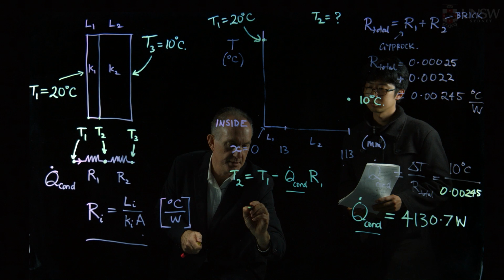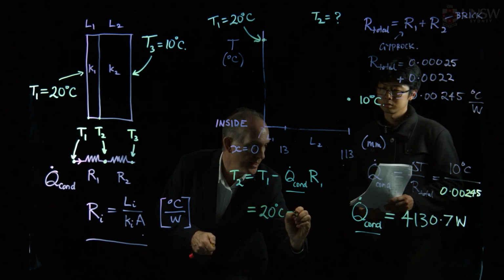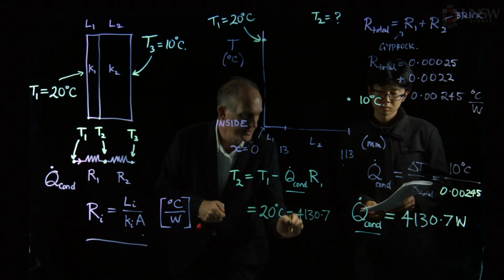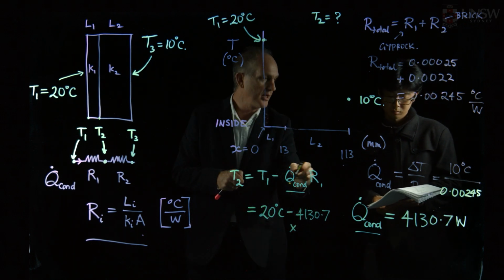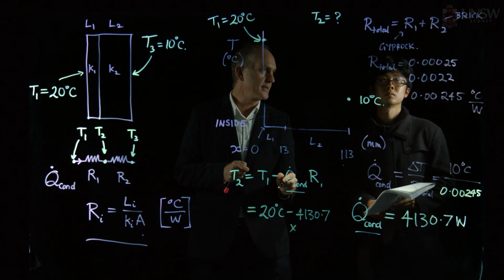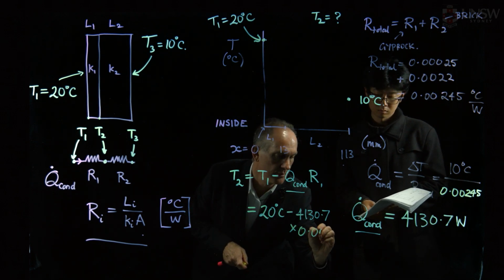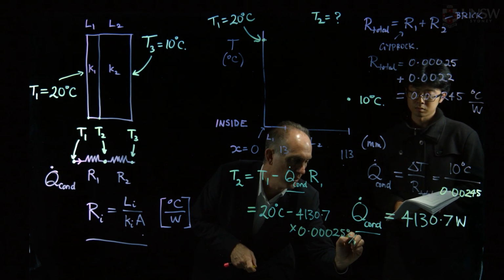All right, so that's going to be 20 degrees C minus, we're carrying lots of significant digits here, but that's okay, multiplied by R1, which is the gyprock layer, and it's 0.00025 degrees C per watt.